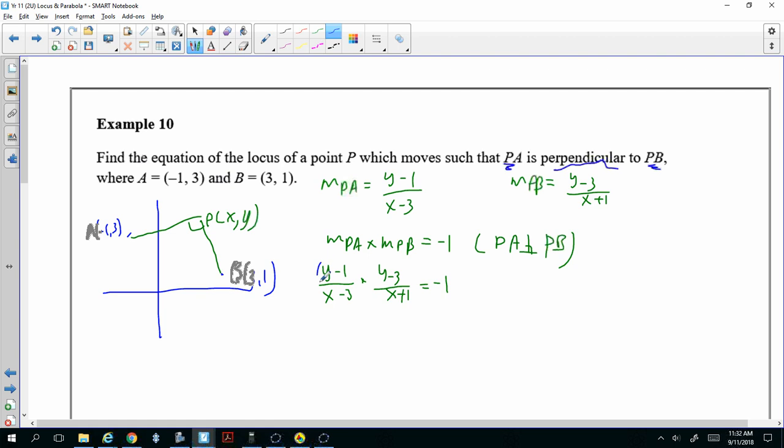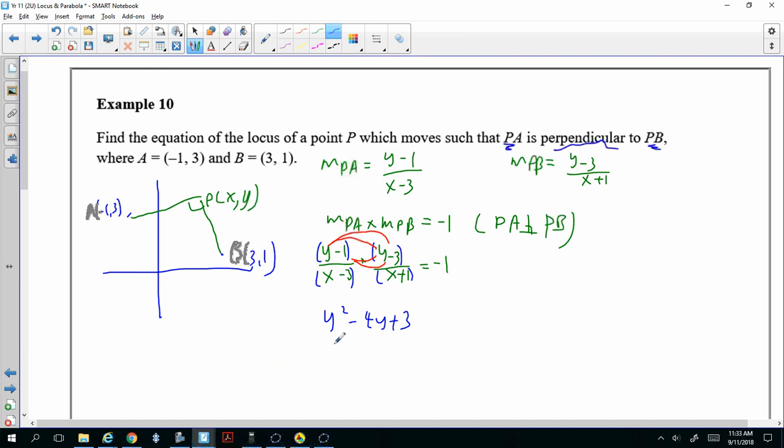So you have to do y times (y minus 3), etc. So what do you get? You get y squared minus 4y plus 3. Remember, you just have to add these two numbers. Negative 1, negative 3, you get negative 4. Times them together, you get 3. That's a shortcut. Do the same thing at the bottom: x squared minus 2x minus 3, equals negative 1.